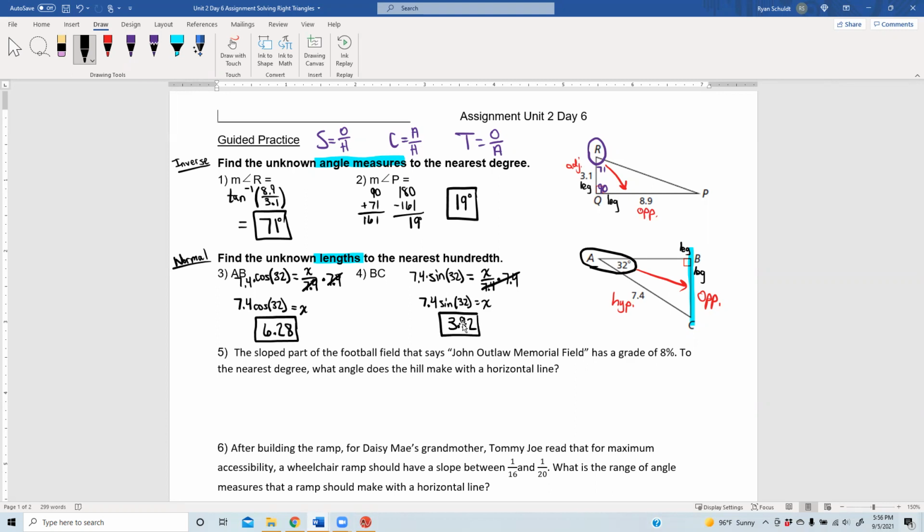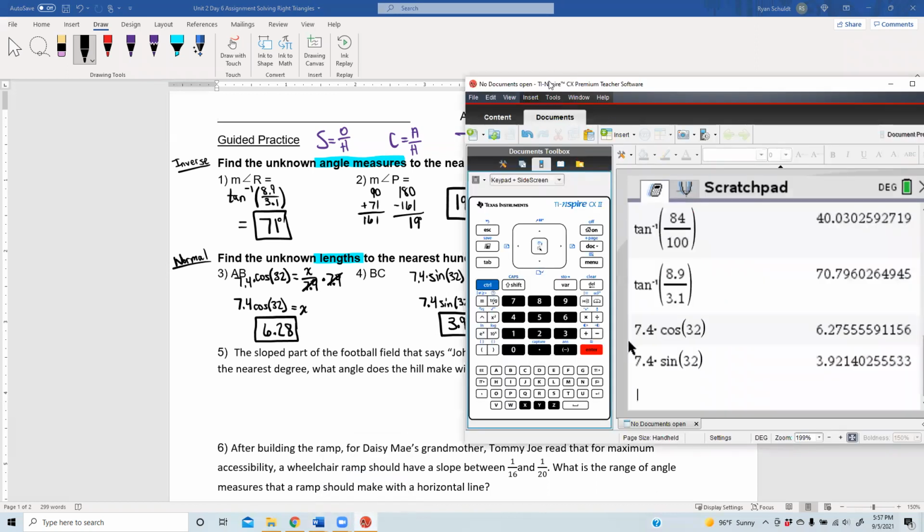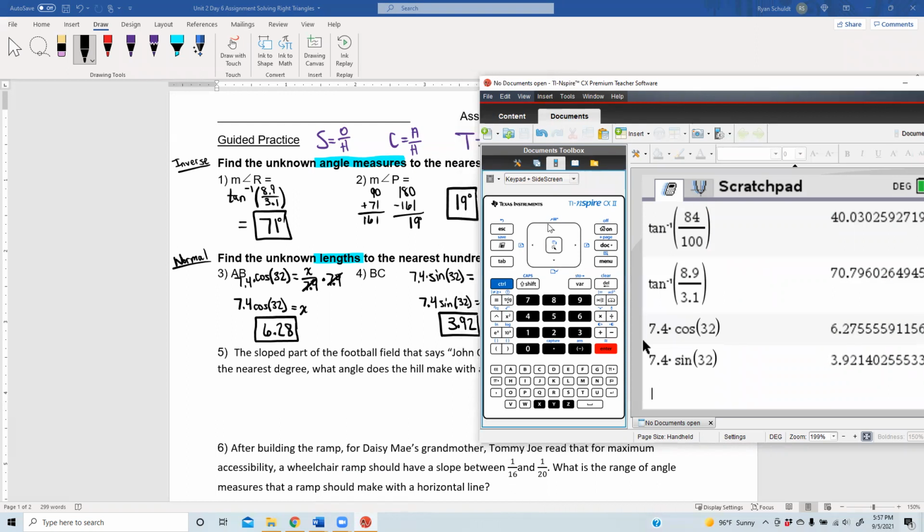Now, I didn't mention this during the lesson, but let's say you wanted to see if these are the right sides. Like you don't know, you think they are, but you just want to check. Well, you can do a rough estimate of the Pythagorean theorem and check it in your calculator.